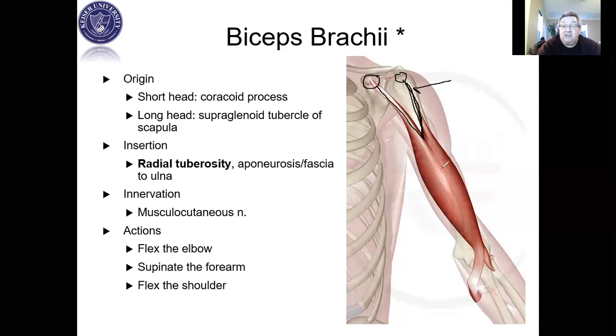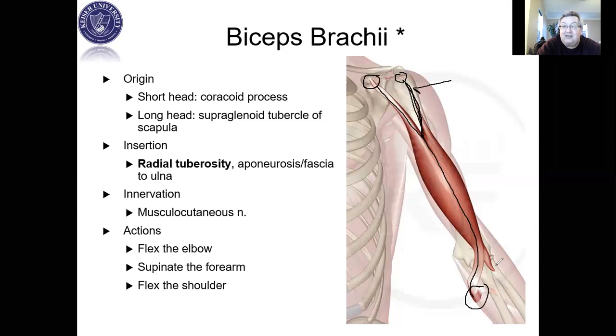The muscle goes down, it crosses the elbow, and it attaches onto the radial tuberosity. It inserts on the radial tuberosity of the radius bone. You're going to see other sources saying it also has an insertion on the ulna.